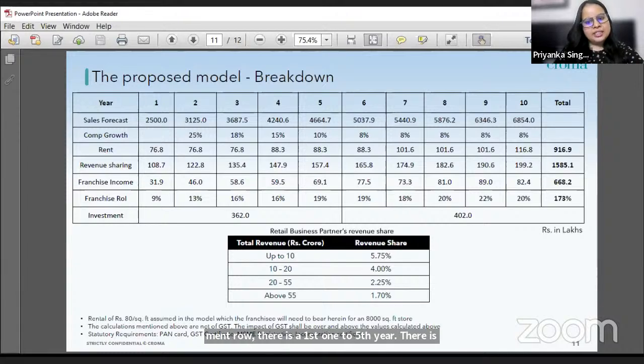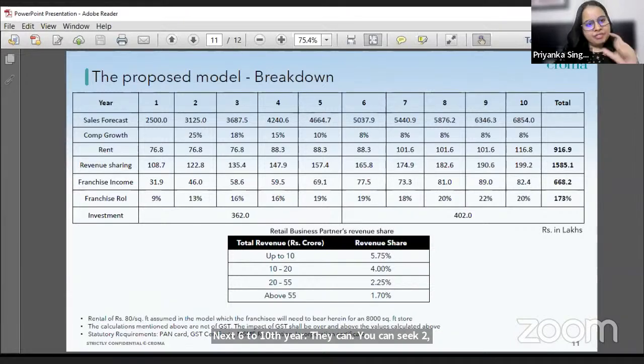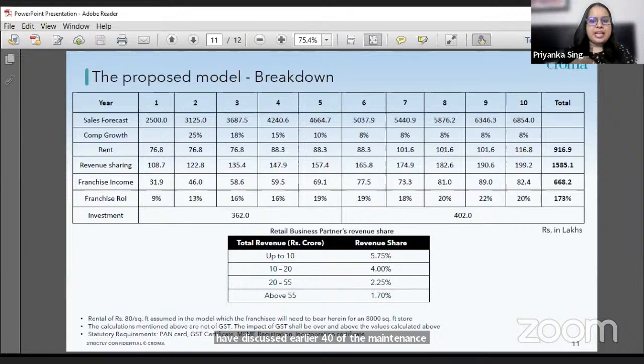For the next 6th to 10th year, you can see 4 crore 2 lakh rupees, which has added 50 lakh rupees, the two components we discussed earlier: 40 lakh for refreshment and 10 lakh for maintenance. So any future escalation in the rental, any future additional investment, everything has been incorporated in this model. Then this 17% ROI is what we're talking about. So this is basically what we are talking about when it comes to the model.